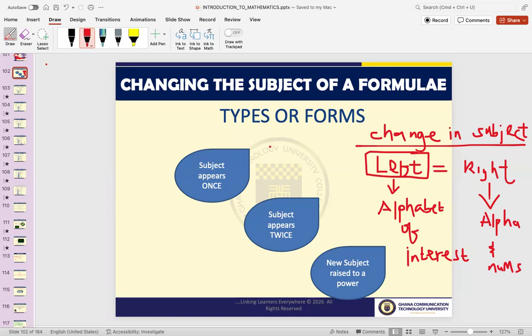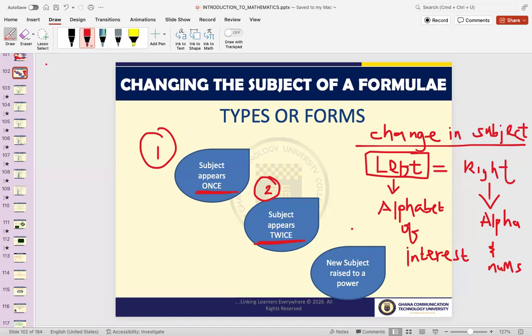There are three types or three forms. The first one is when the alphabet of interest or subject of interest is appearing only once in the algebraic expression. Then the second type is when the subject of interest is appearing twice in the algebraic expression.